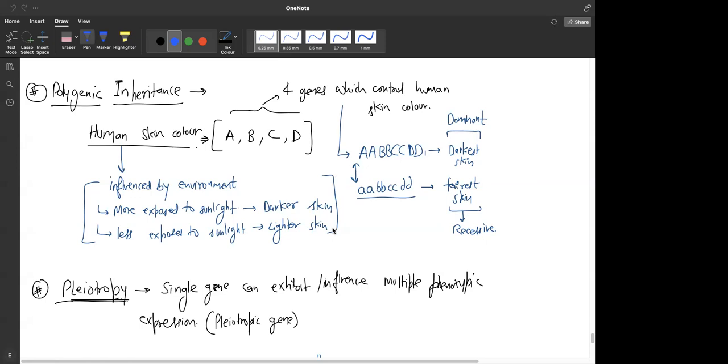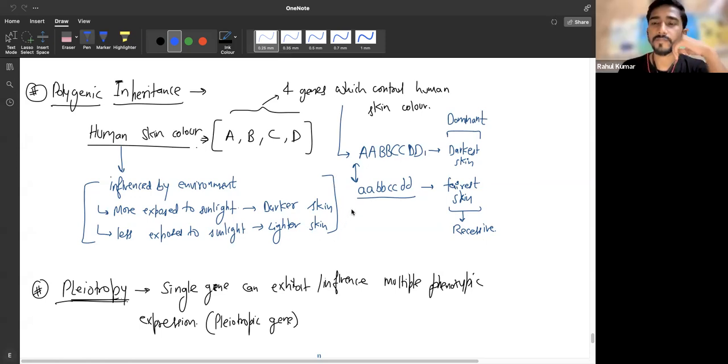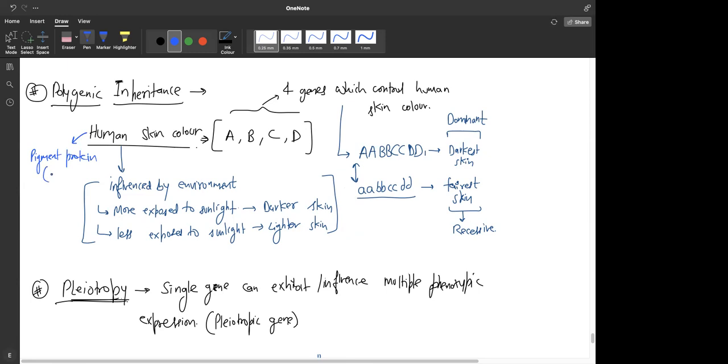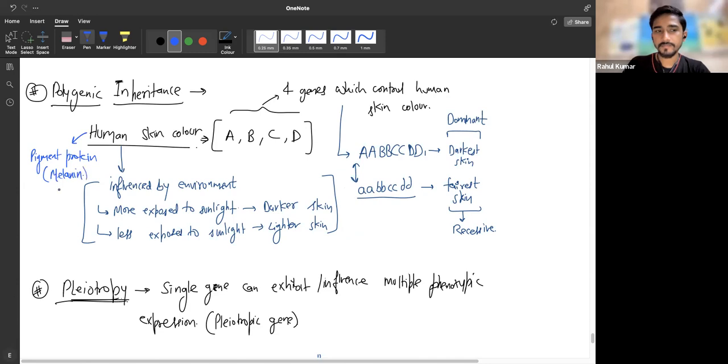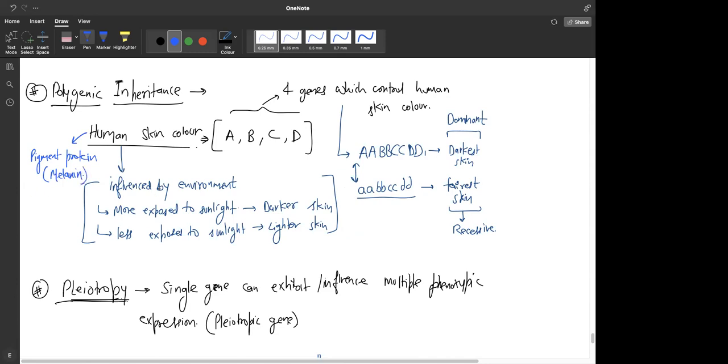And why is there skin color? Because of what biological factor? Skin color arises due to a pigment, right? Yes, a pigment protein. What is that pigment protein called? Melanin. Yes, it's called melanin. And it is also influenced by the environment, right?